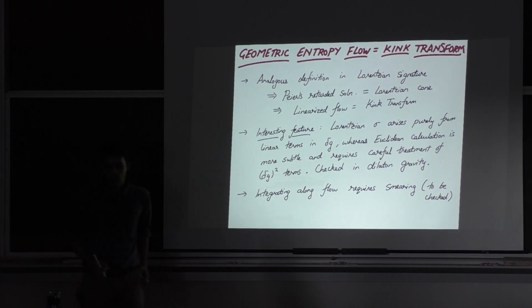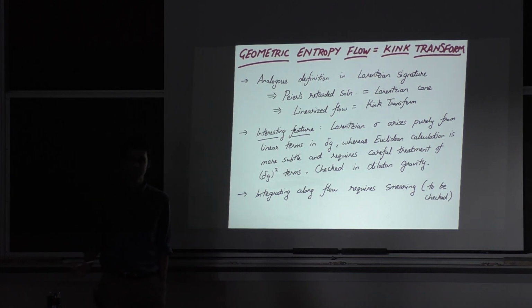There's one interesting feature that I'd like to mention, which is that, in some sense, this Lorentzian calculation of the geometric entropy seems to be quite different from the Euclidean calculation. For example, the Euclidean calculation is kind of messy.